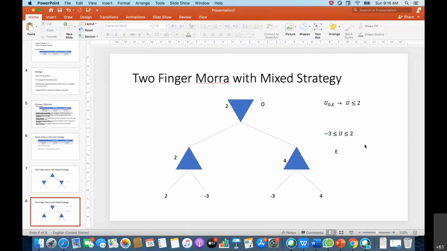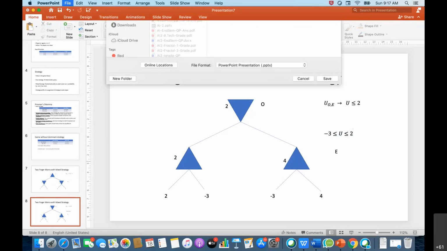So the value of utility should lie somewhere in between this range.